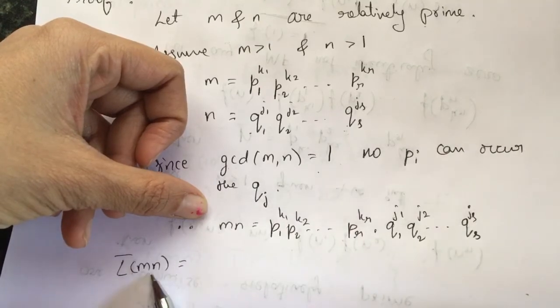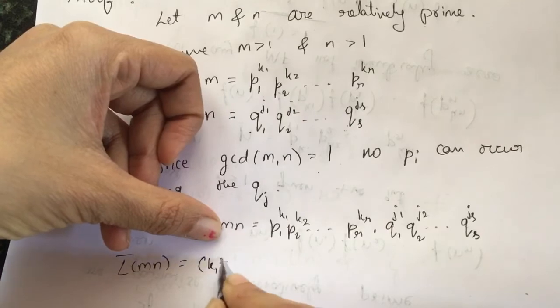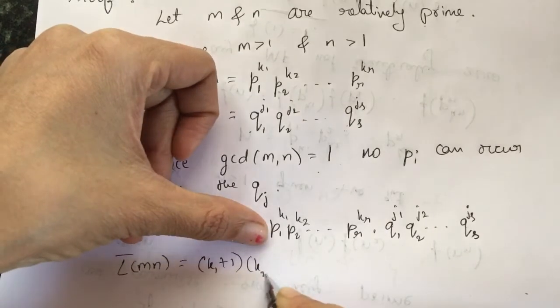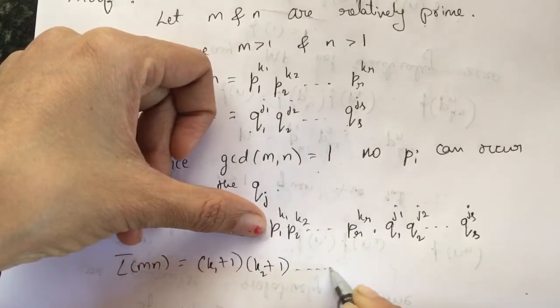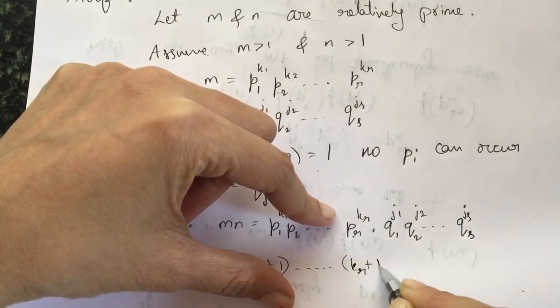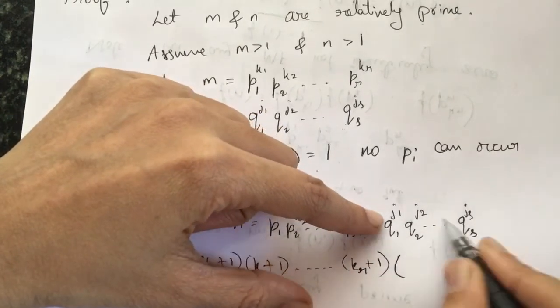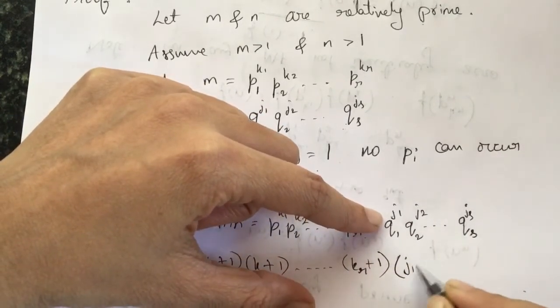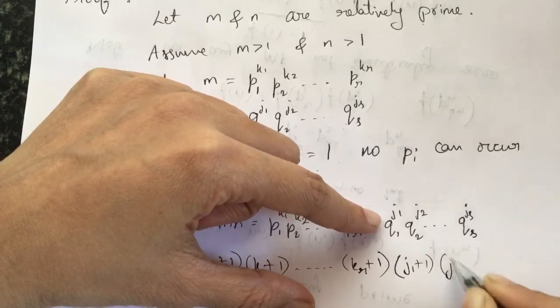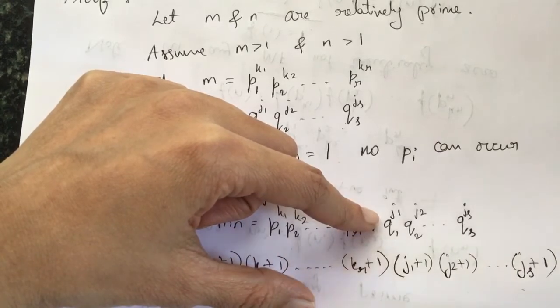So tau of mn is equal to k1 plus 1 into k2 plus 1 up to kr plus 1. This is for the part till here. Then afterwards the powers ji: j1 plus 1, j2 plus 1 up to js plus 1.